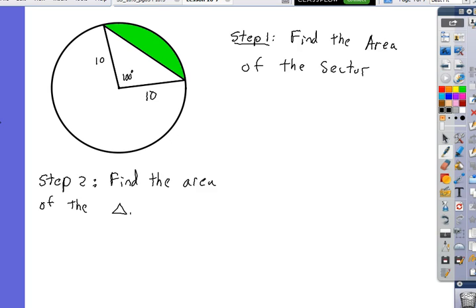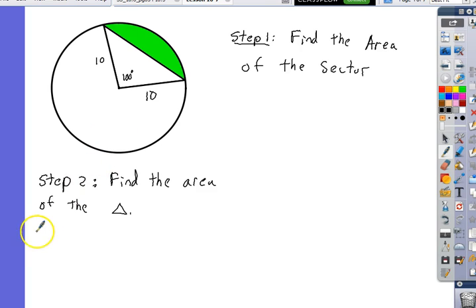Why is it isosceles? Because both sides are radii. Yes, they are. They're in the same circle, so it doesn't matter where I draw the radius. It's going to be 10 in this case.